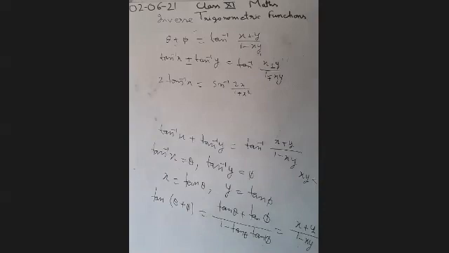Sin 2x we can convert into tan, cos 2x we can also convert in tan terms, and similarly tan also.